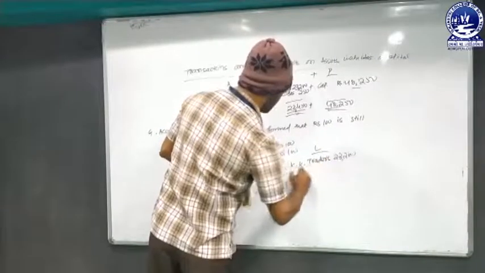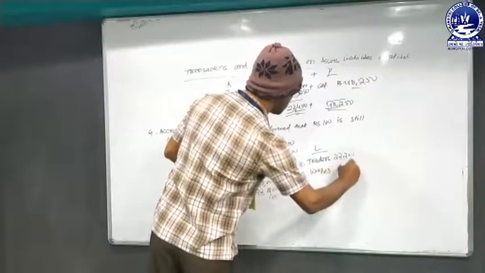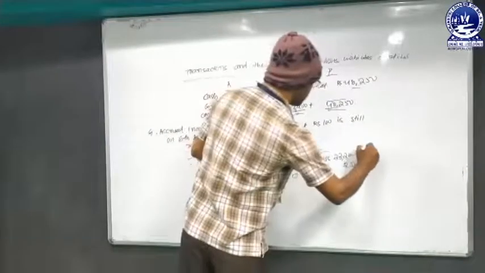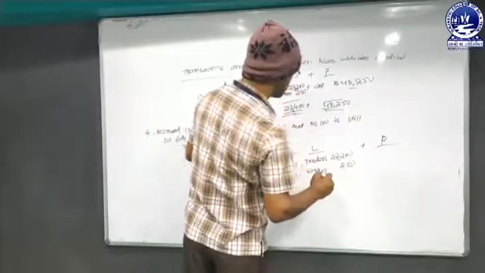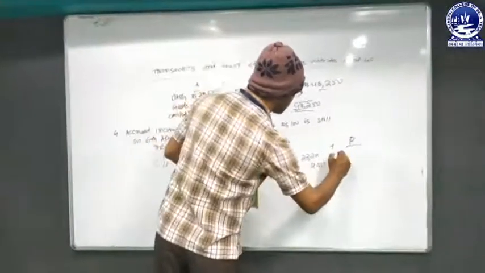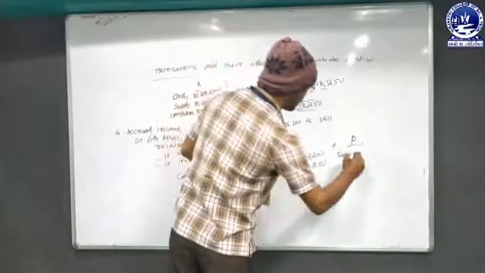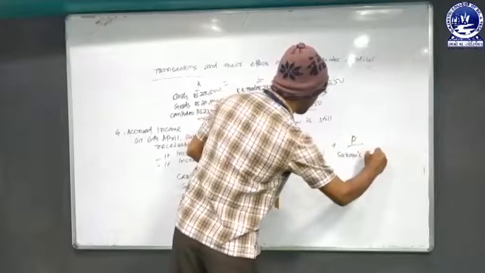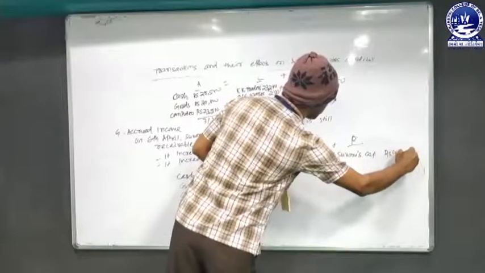23,200, and outstanding wages, another liability, rupees 250, plus the capital amount, which also increases by rupees 100. That means previously capital was rupees 48,250, now that will be 48,350.